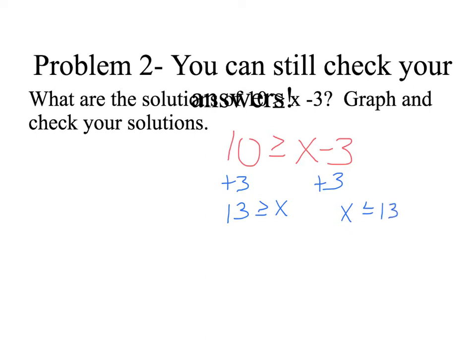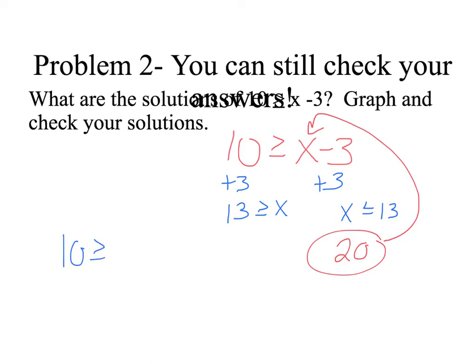What it means by checking your solutions is pick any number you want that's greater than 13. So let's say we pick 20. We substitute that back in: is 10 greater than or equal to 20 minus 3?